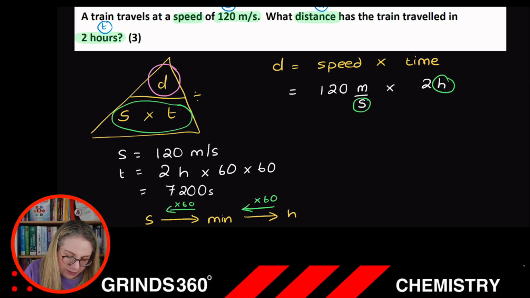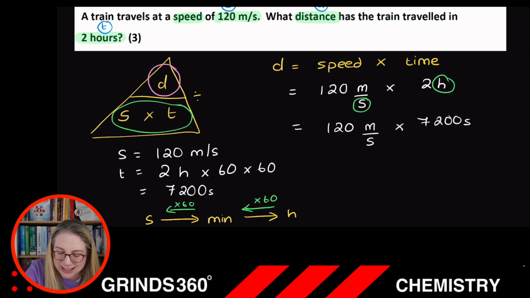So now we have our numbers to substitute in here. I have 120 meters per second multiplied by 7,200 seconds. When you multiply those together, we get a very big number, 864,000. Now look what happens to the units.